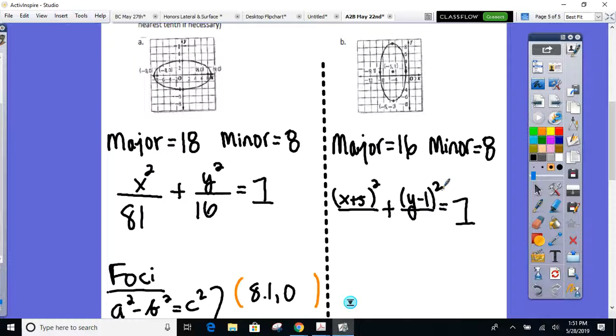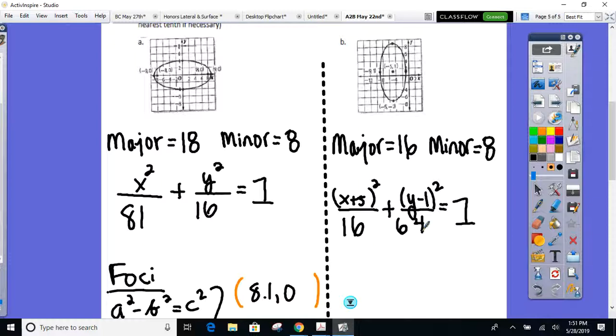What goes underneath the x? Remember, that's your minor, so that should be 4. 8 divided by 2, which is 4 squared, 16. And then what about under the y? 64.